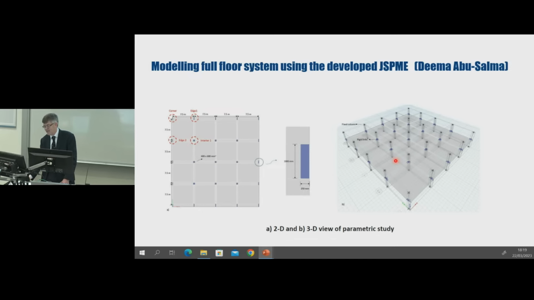And recently, Dima Abu Salma has extended the joint shell model to investigate punching failure for complete floor plates, like the one shown here.